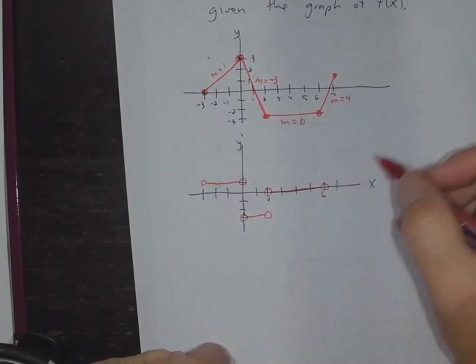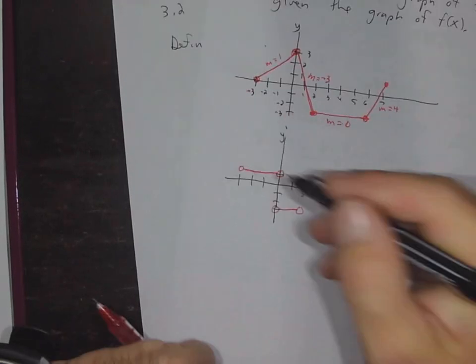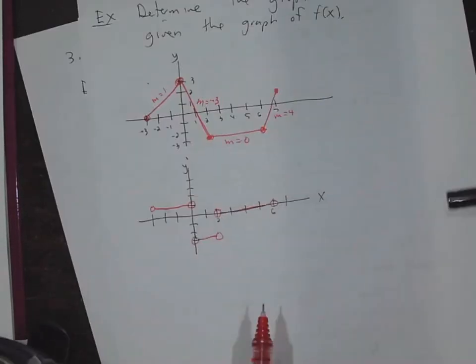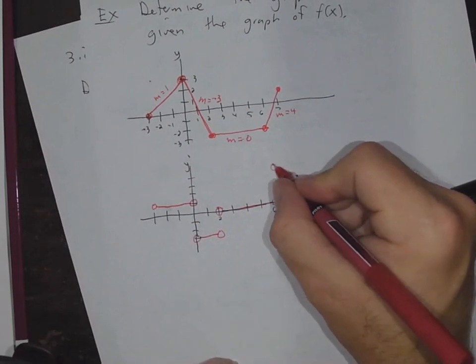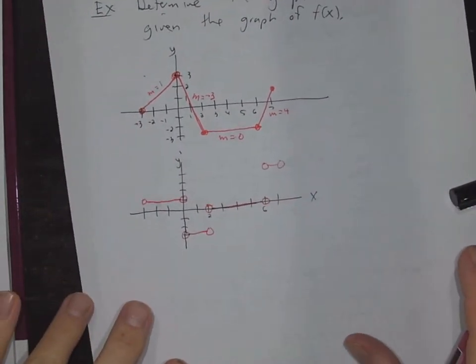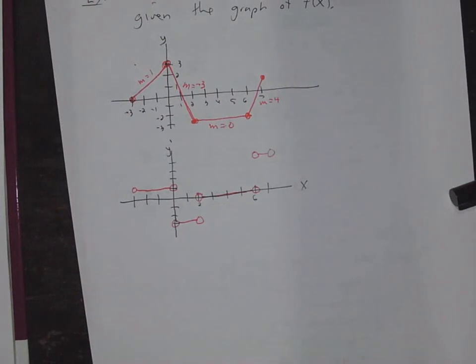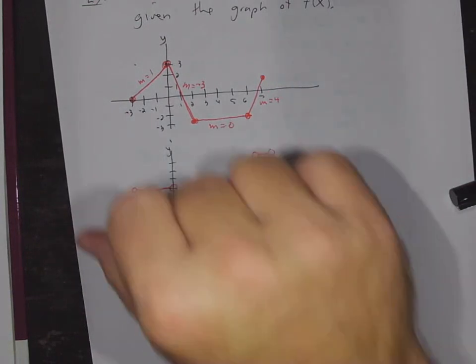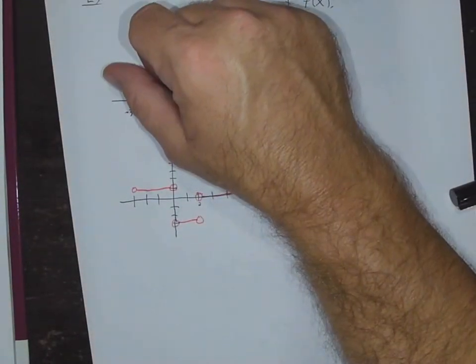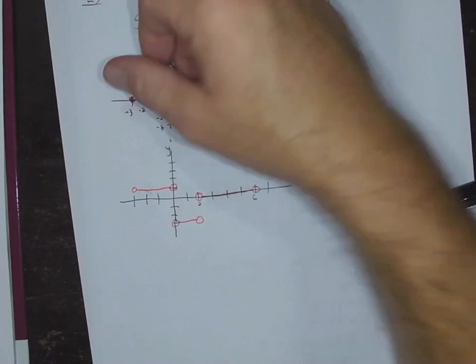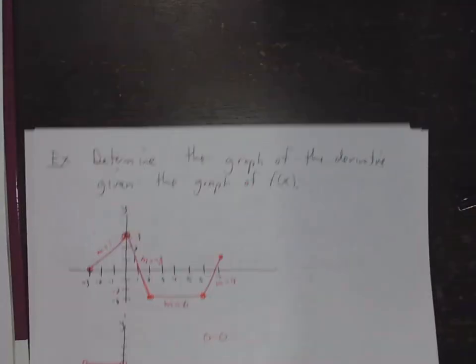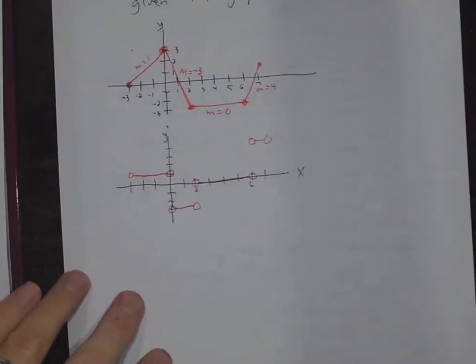Then here I have a rise of 4 over 1, so it's going to be 4, so it's going to look like this. That's the graph of the derivative. And that's all I got.